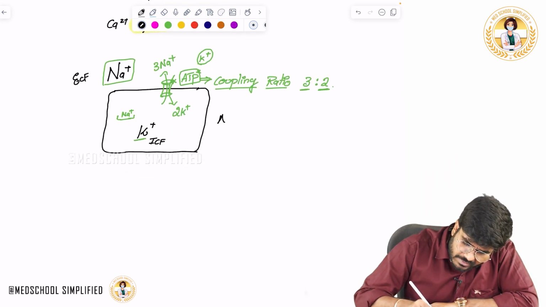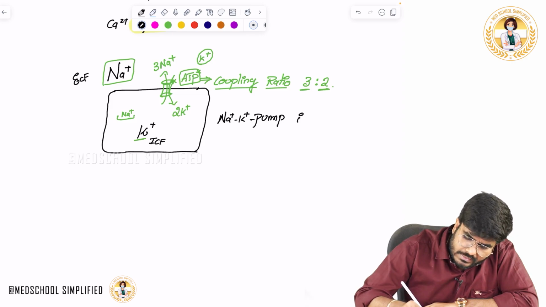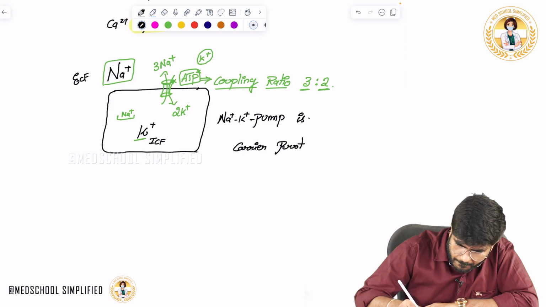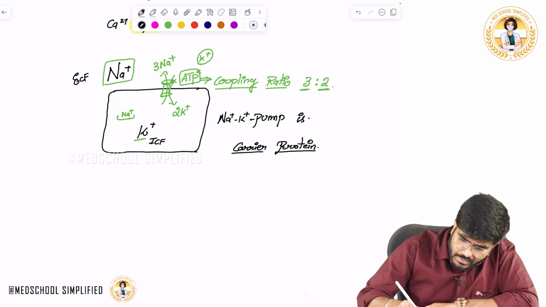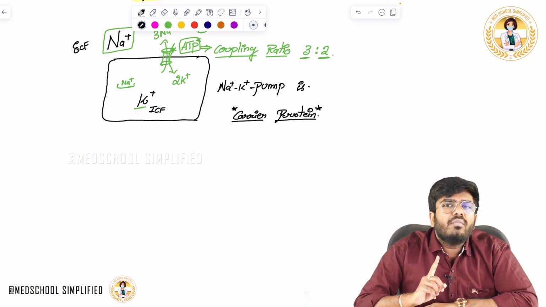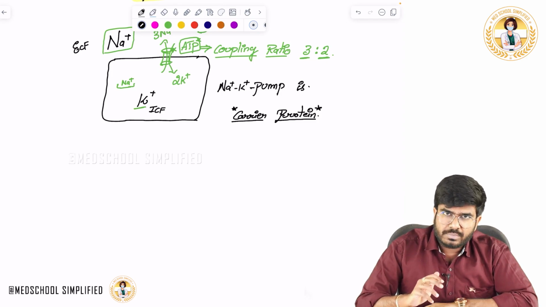The sodium potassium pump is a carrier protein. Why am I calling it a carrier protein? Because carrier proteins undergo conformational change, a shape change, while they are transporting substances.